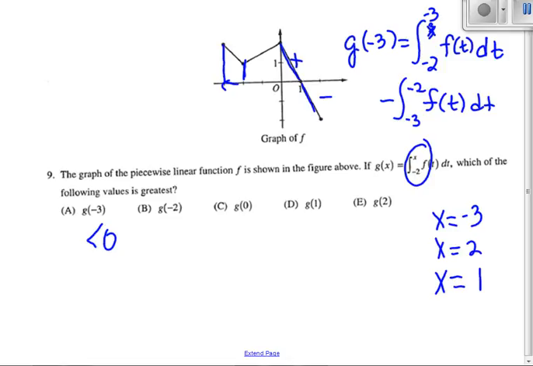That means my function's increasing, then decreasing. It's a max. Another way to look at it, Alexis, is to think that I want the area from -2 to 1. What's happening to the area as I go along this curve? It's increasing, increasing, increasing. So that's a max for sure.